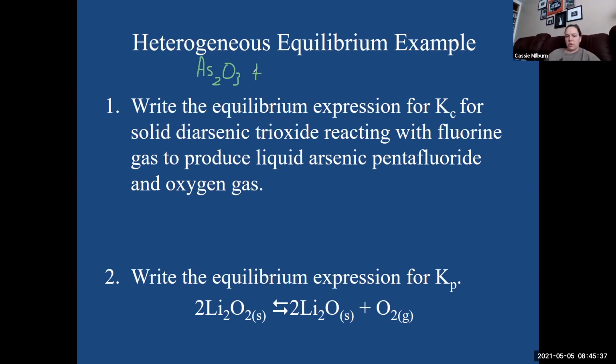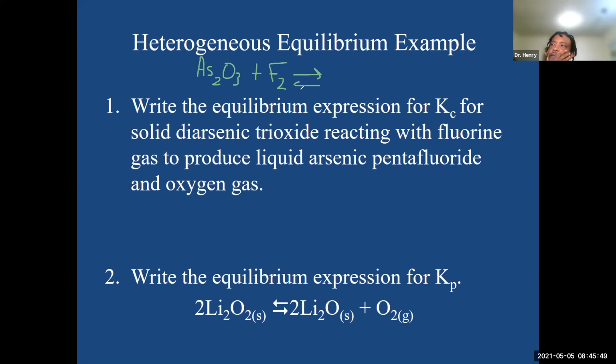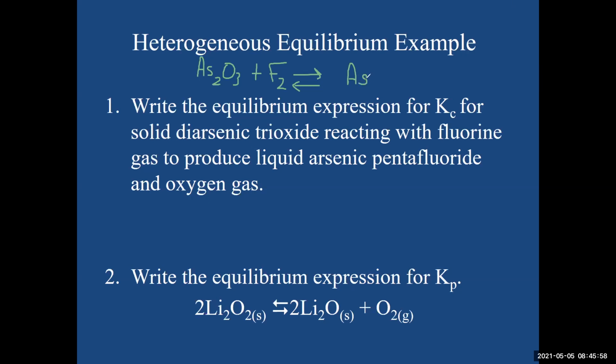It'd be As2O3 plus F2 yields, it's an equilibrium, AsF5 and O2 gas. What was penta? 5. So AsF5, liquid, plus O2 gas.